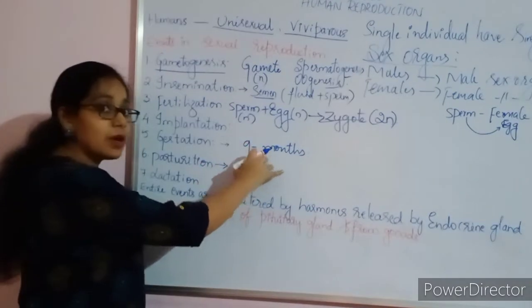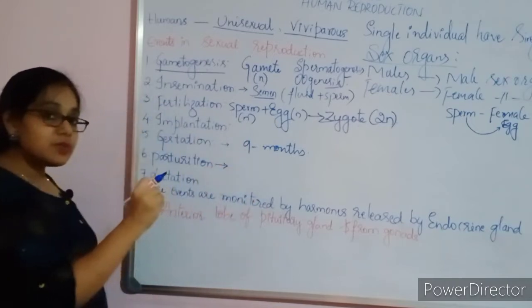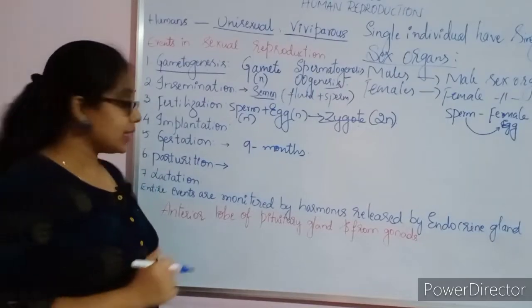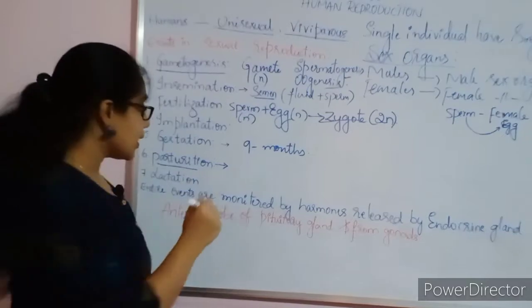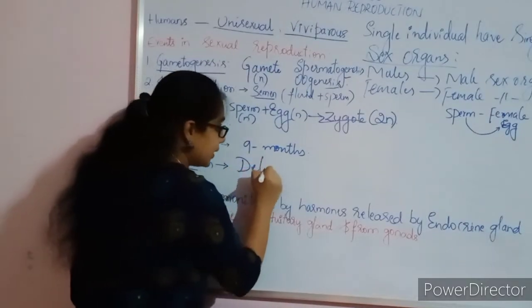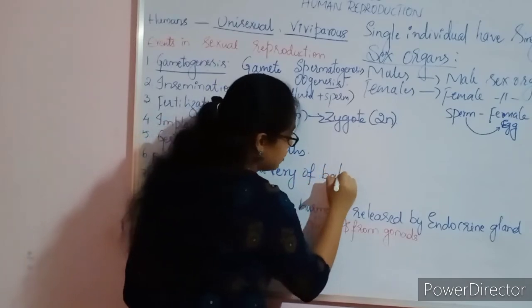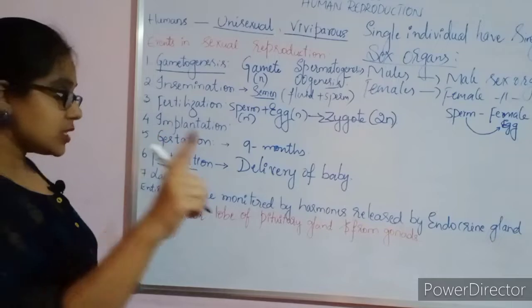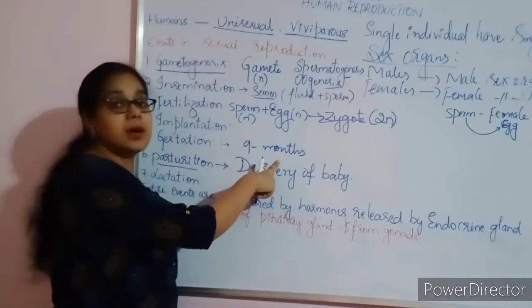After 9 months, when the baby is completely developed, it gives a signal to the mother to come out. That is called parturition. After 9 months, what happens? Delivery of the baby is nothing but parturition. So this parturition is going to take place after 9 months.